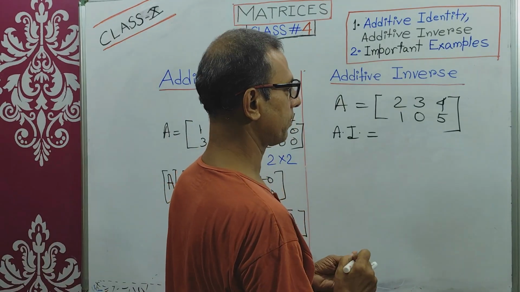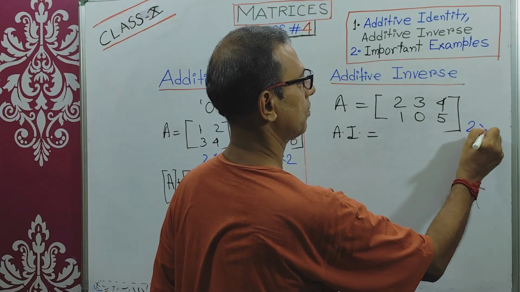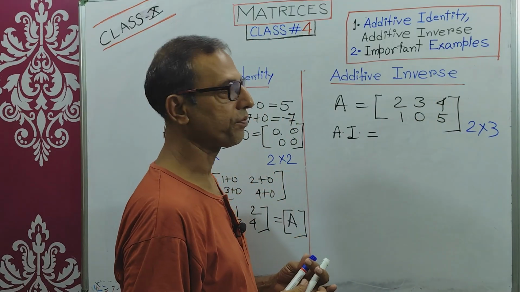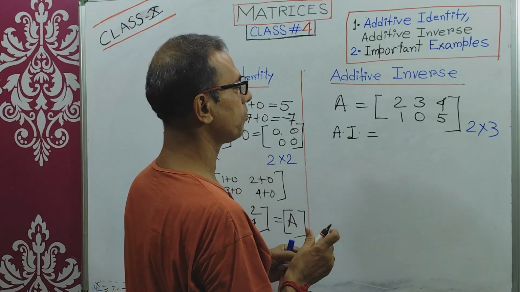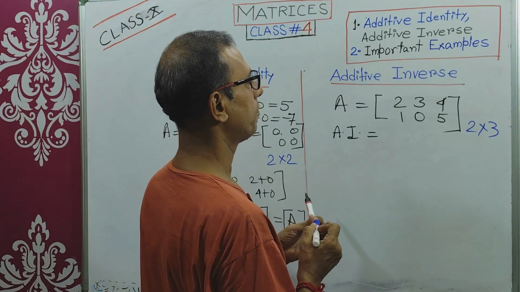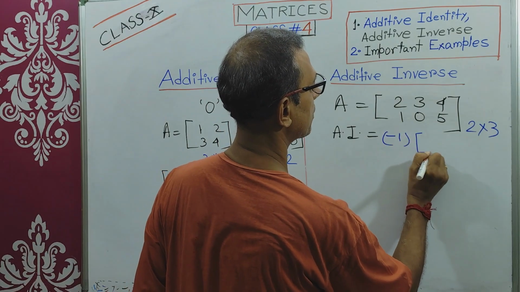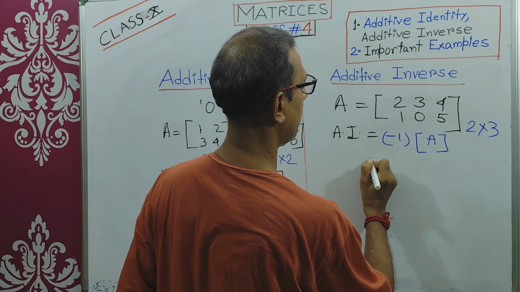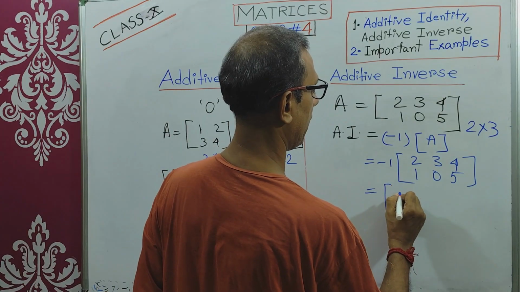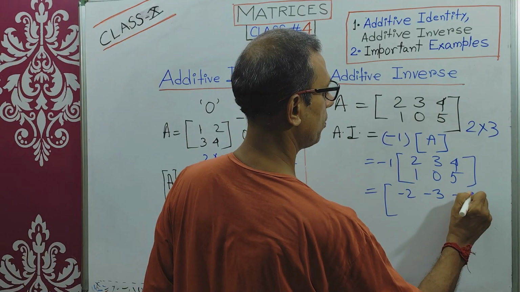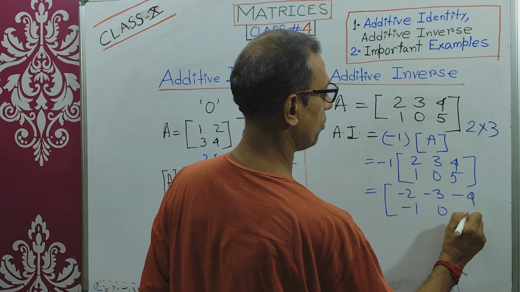Let's say there is a 2 by 3 matrix A. What will be the additive inverse of matrix A? You multiply it by minus 1, so it will be minus 1 into matrix A. The elements will be minus 2, minus 3, minus 4, minus 1, 0, minus 5.